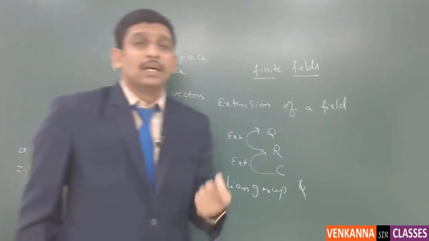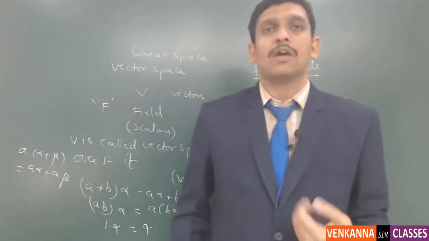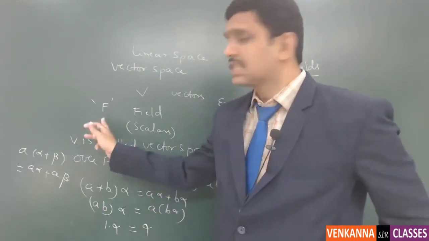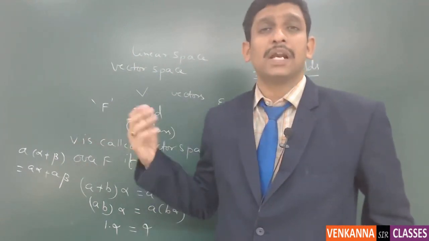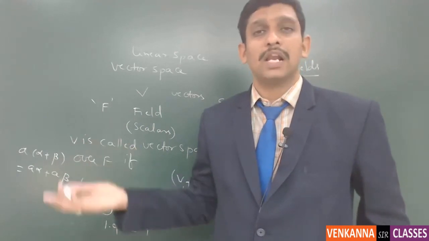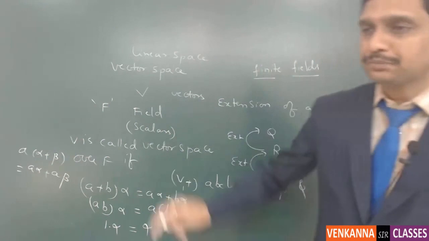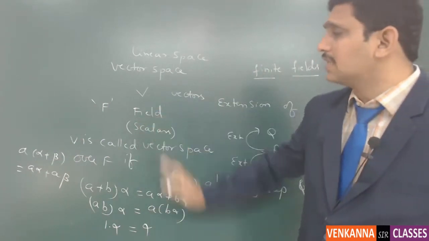Usually the elements in the set V are called vectors, whatever may be the elements in V. Basically we take a field, it may be the rational number system or real number system or complex number system. F is a field. The elements in the field are called scalars.